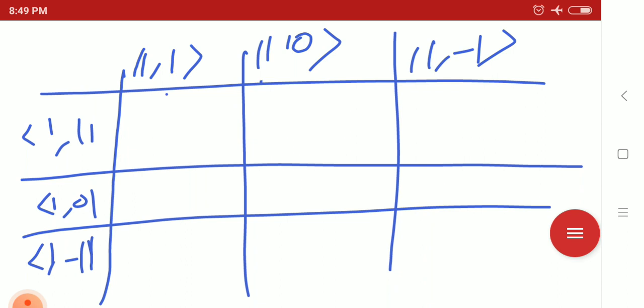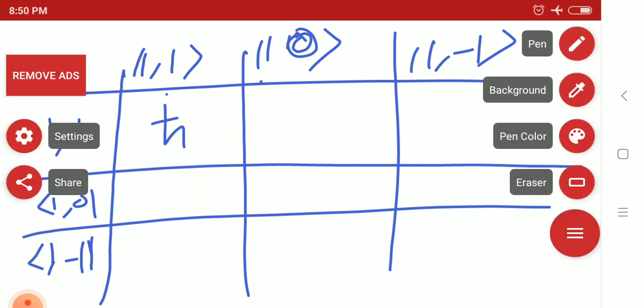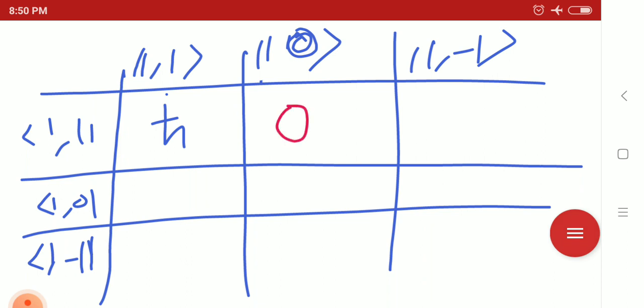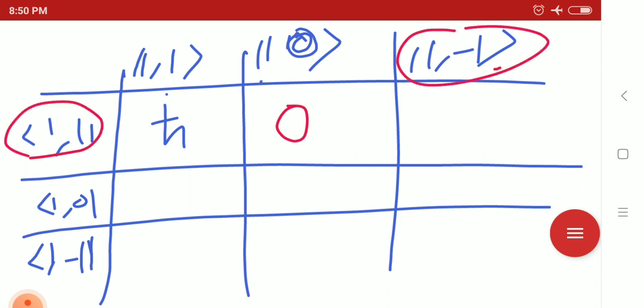So here it will be h-cut. Here LZ is acting on 1 0, which means it will produce 0 h-cut, so 0. LZ is acting on 1 minus 1, so minus h-cut, but 1 1 and 1 minus 1 are orthogonal, so it will produce 0 also.